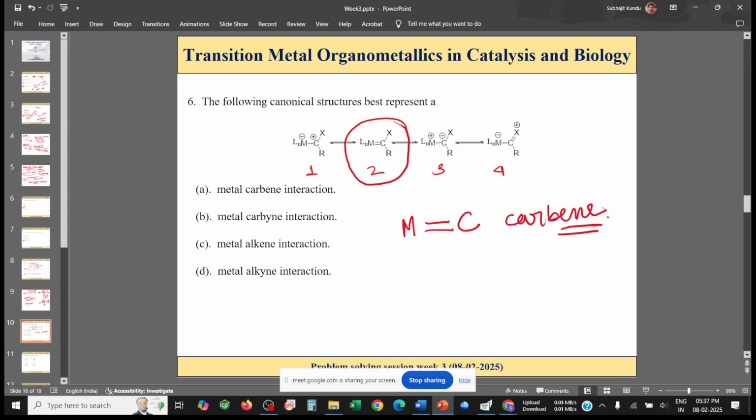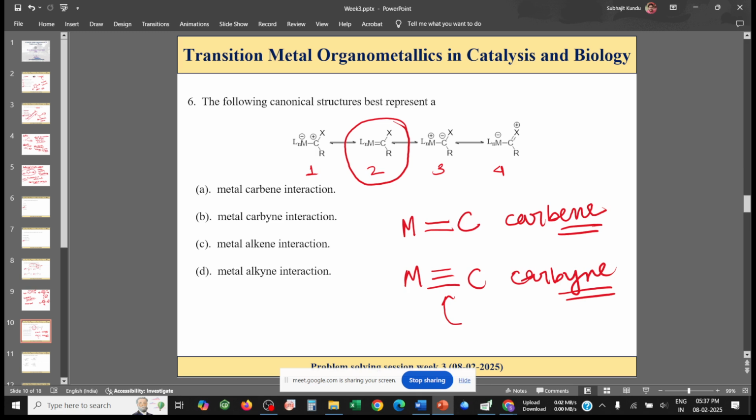'Ene' means double bond. When a metal is bound to carbon with a triple bond, we call it a carbyne. 'Yne' means triple bond.